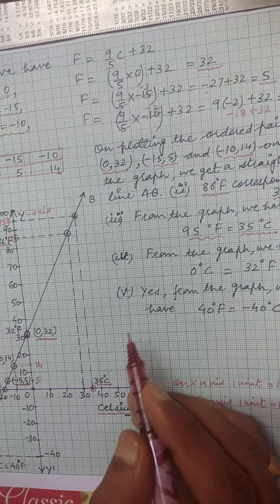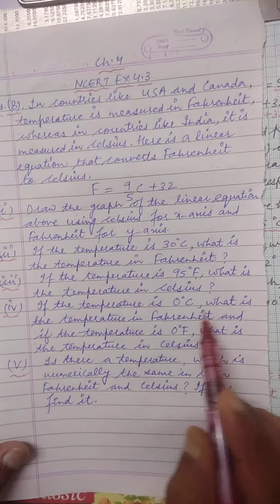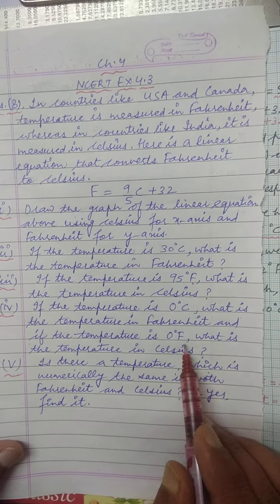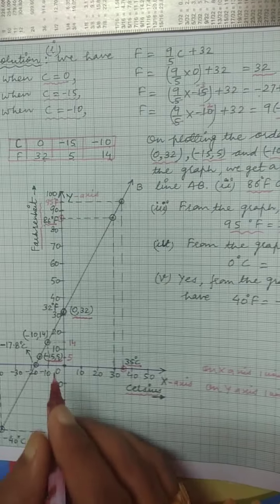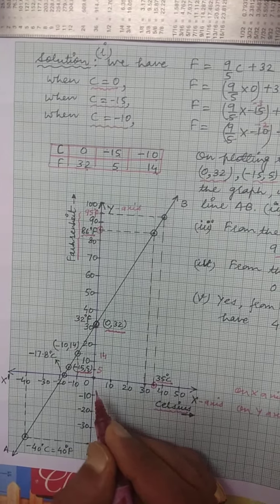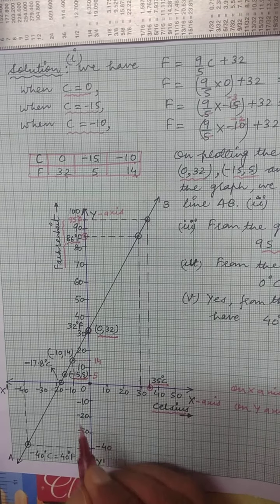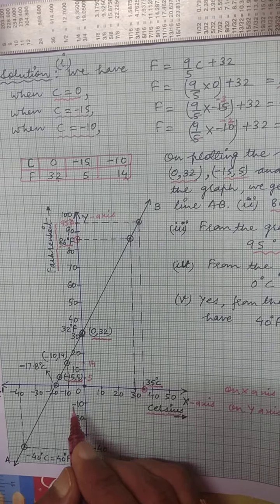Now again come to the fourth part. If the temperature is 0 degrees Celsius, what is the temperature in Fahrenheit? And if the temperature is 0 degrees Fahrenheit, what is the temperature in Celsius? So we move to 0 degrees Celsius. What will be the temperature in Fahrenheit?